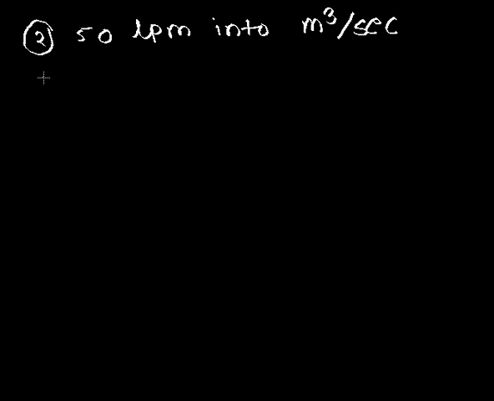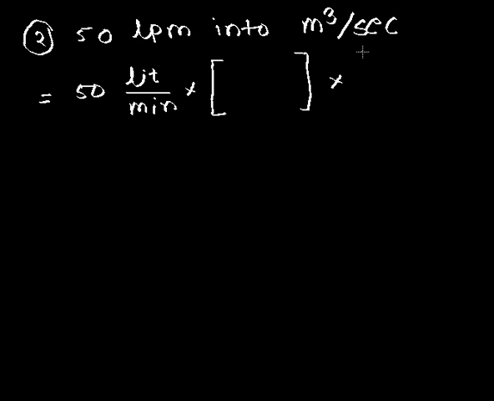Let us see how to convert this unit without memorizing any constants or multiplying factors, using only common sense. This is 50 liters per minute. Now the first unity bracket is to convert liter into meter cube, the next one to convert minute into seconds.